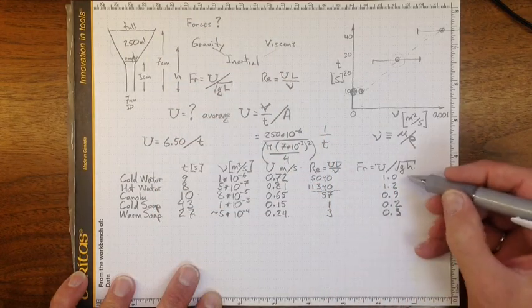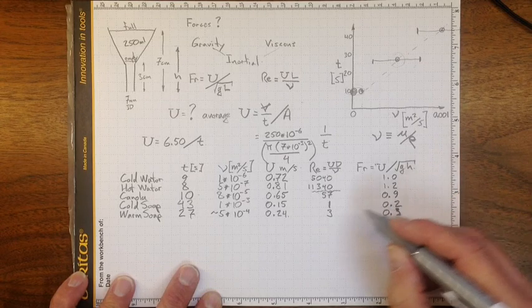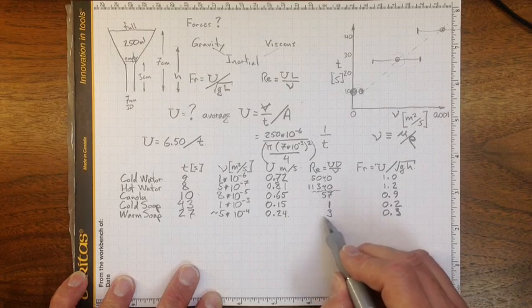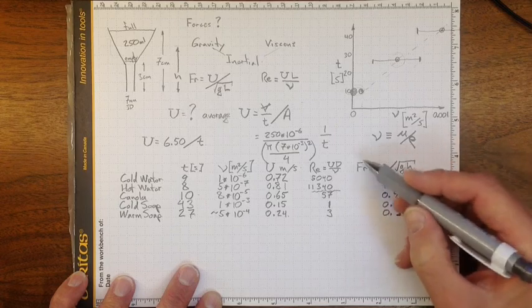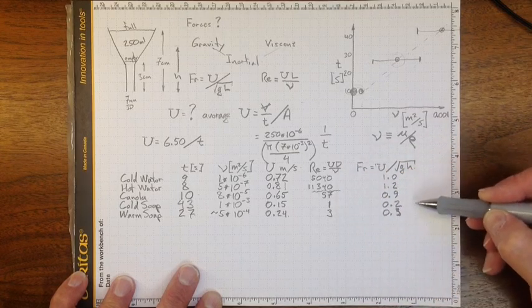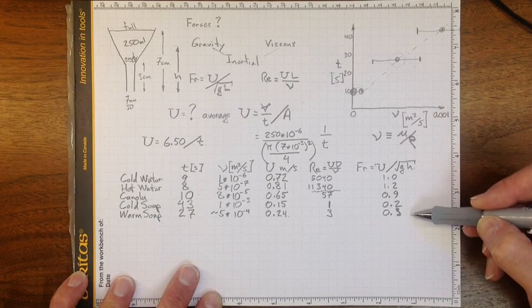So the forces don't match up. The energy has gone somewhere else. It's gone into the highly viscous nature that we see here because of the low Reynolds number. So both the Froude number and the Reynolds number help us see the relative importance of the different forces and tell us a little bit about what's going on.